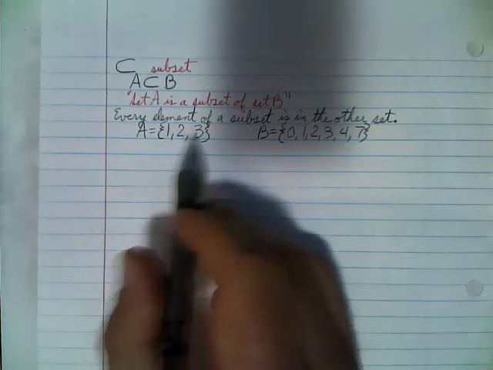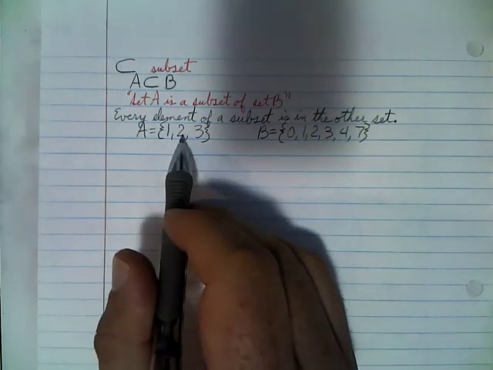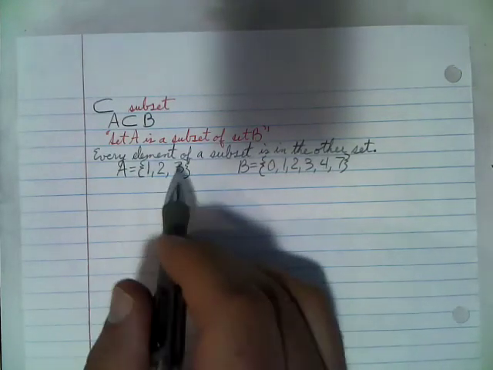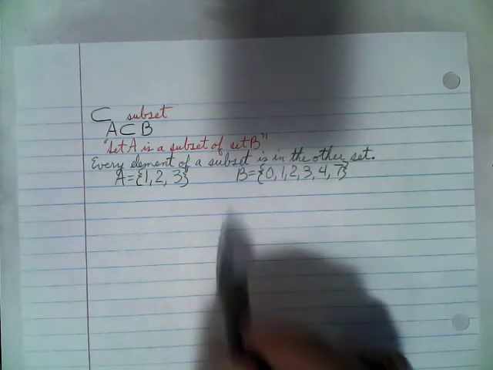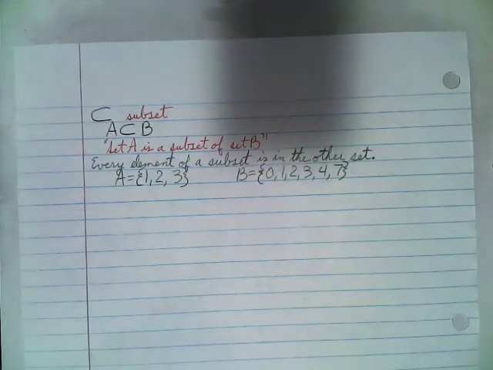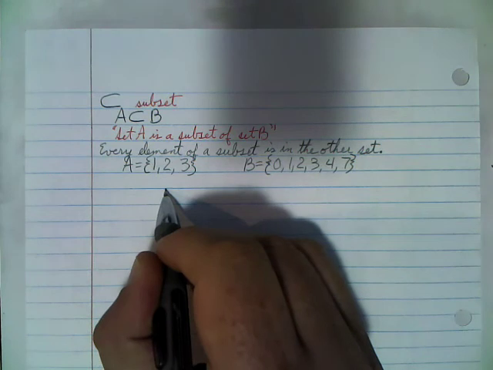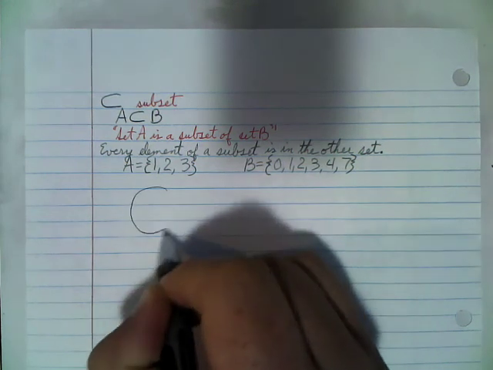So is every element in A also in B? Yes. So what it kind of looks like is it looks like A is just a piece of B. It looks like it got pulled out of B. Well, that's a subset. If we were to look at this in a Venn diagram, sometimes that can be helpful.